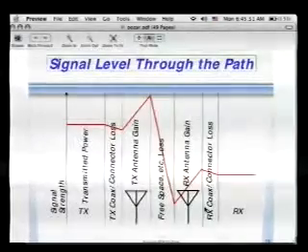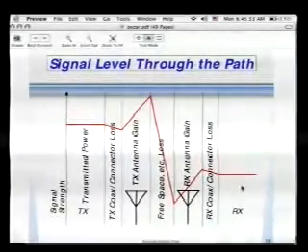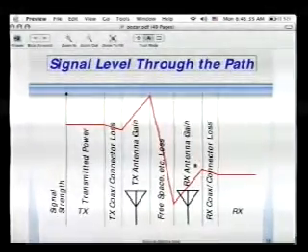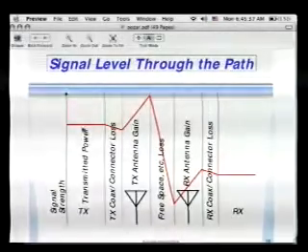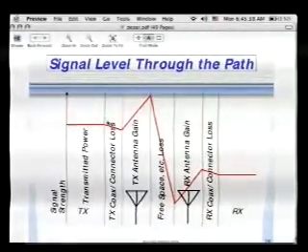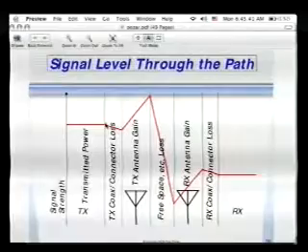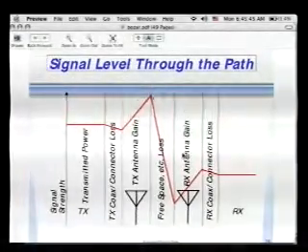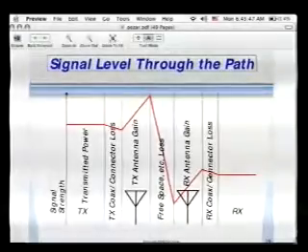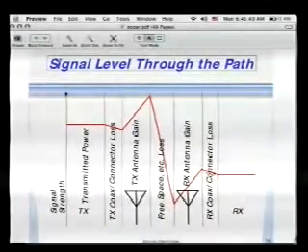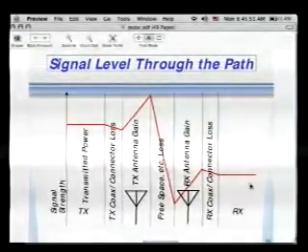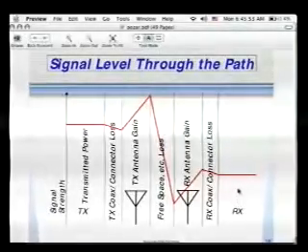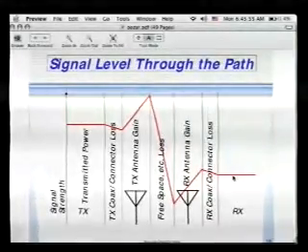This is a plot of signal level through the path. You'll have lots of signal at the transmitter output. You'll have a little bit of loss on the coax, a lot of gain in the antenna, a lot of loss in the path, some gain in the receive antenna, and then a little bit of loss in the coax. And hopefully the receiver can receive this amount of signal that you're giving it.